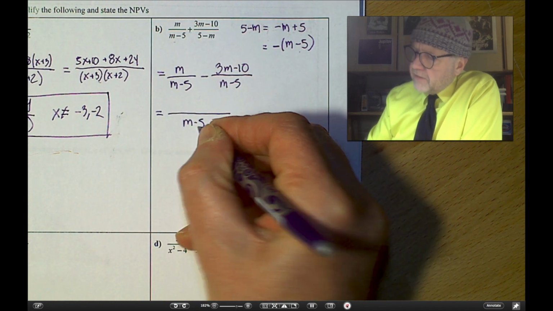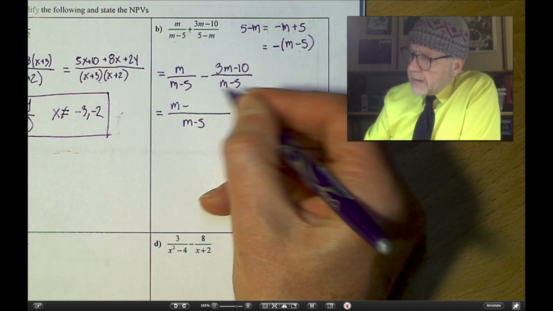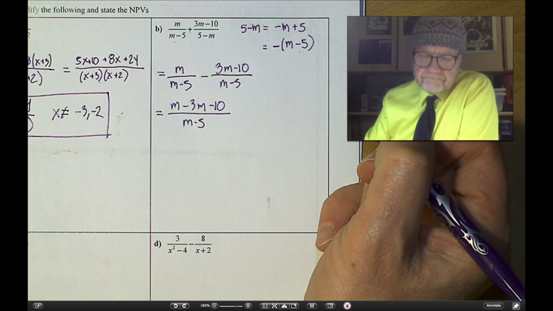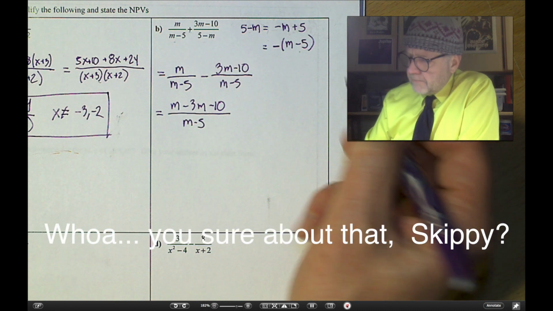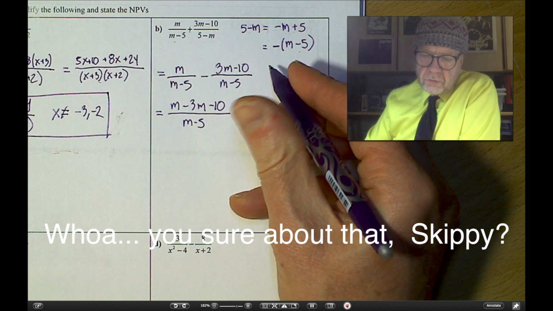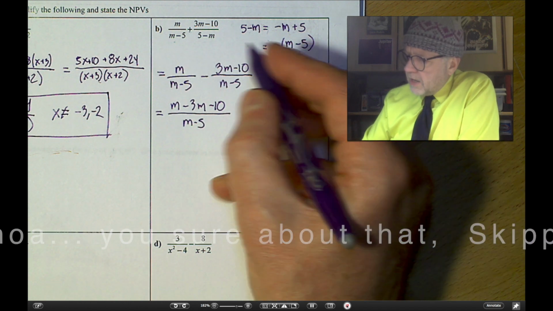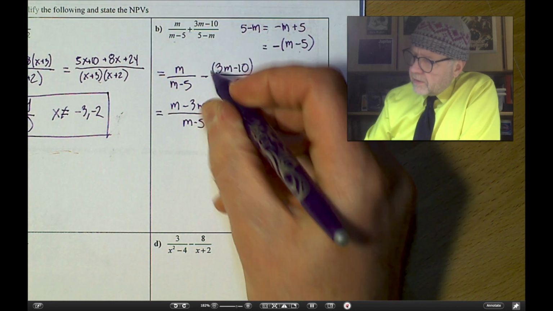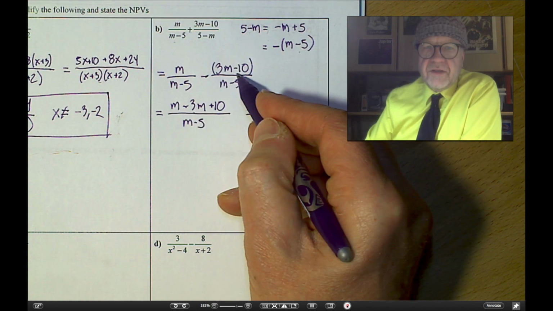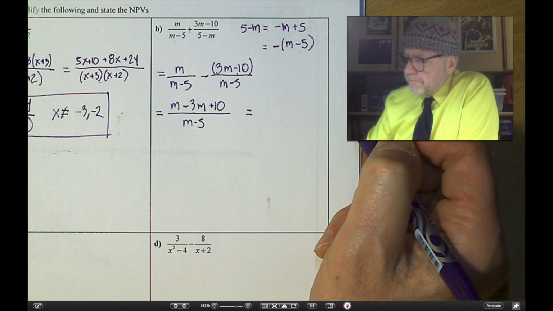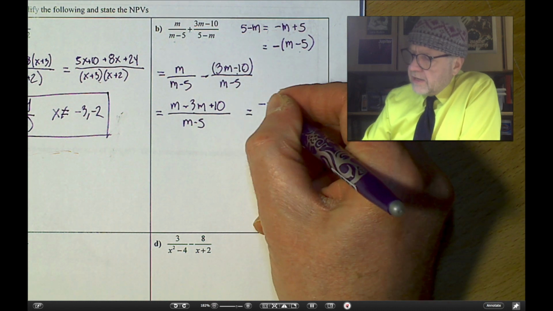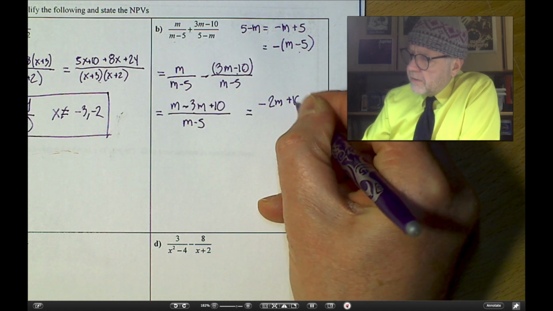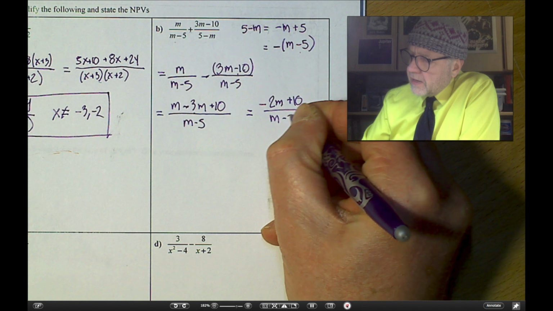It's m minus 3m minus 10 over m minus 5. And this is going to be plus, because minus a negative will be plus 10. And so we're going to get negative 2m plus 10 over m minus 5.